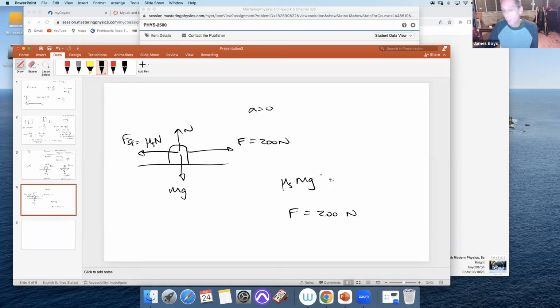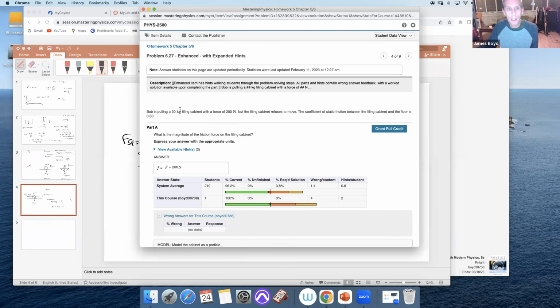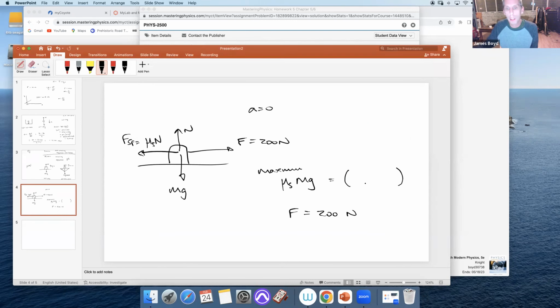The static friction force, if it's not moving, is equal to the force that he's pushing. The maximum it could be, we were told 0.8 is mu, 30 kilograms. So 0.8 times 30 times 9.8. That is the maximum this could be. 30 times 9.8 times 0.8 is about 235 newtons.